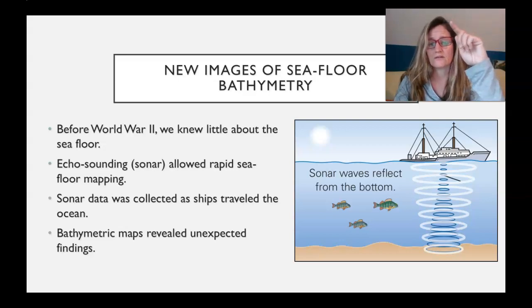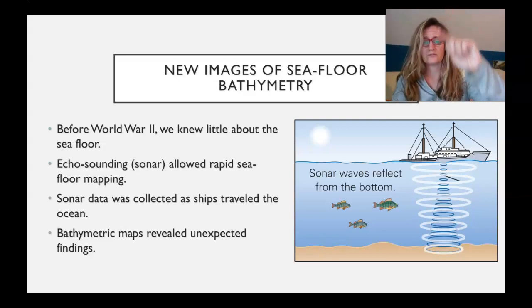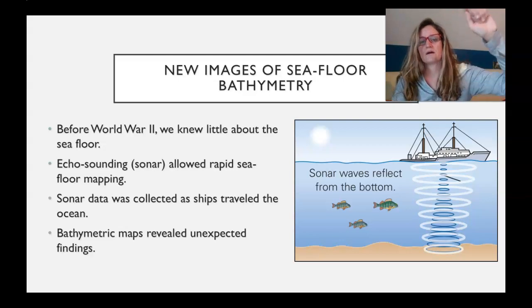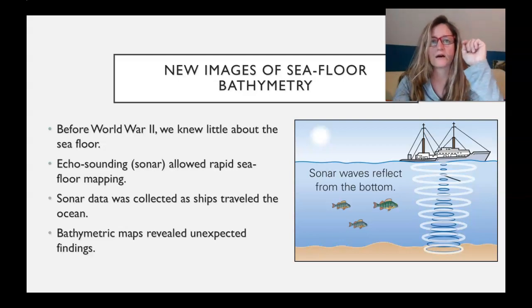They would send down a sound from a ship to the seafloor. It would bounce back up. They knew the travel rate for the velocity of sound in water, and they could time it using a timer. And then they could solve for the depth.